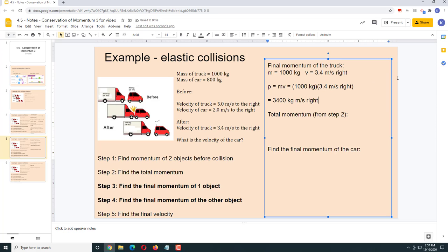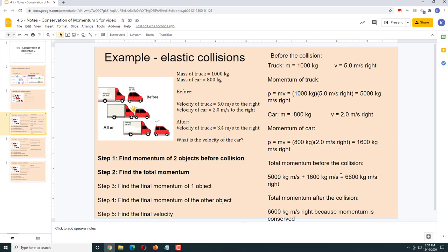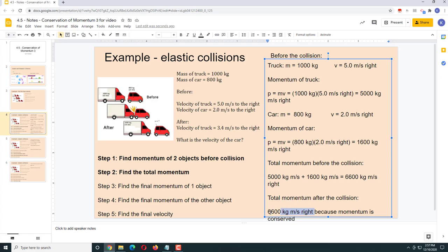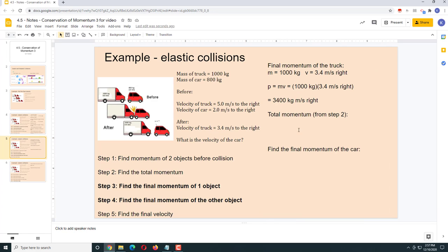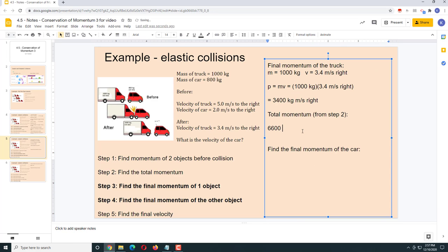Okay, so we know the final momentum of the truck. The total momentum we got here in step 2 is 6,600 kilograms meters per second to the right. Well, if the total is 6,600 and the momentum of the truck is 3,400, they're both going to the right.